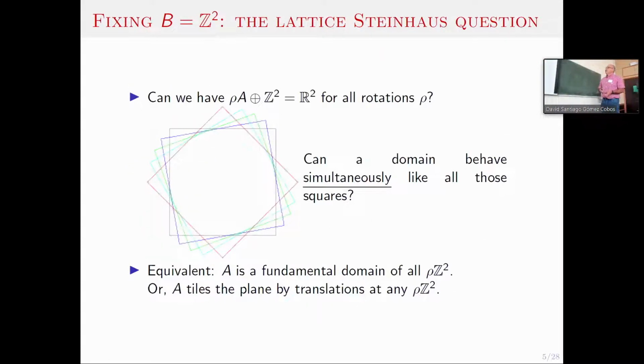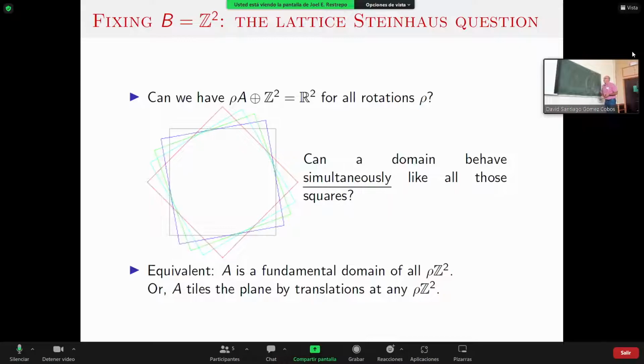Okay. In some sense, the most interesting case, at least for the first half of the lecture, will be if we fix B to be the set of integers. So this set will be the set of integer points in the plane. This will be B. What would we want if we fix B?